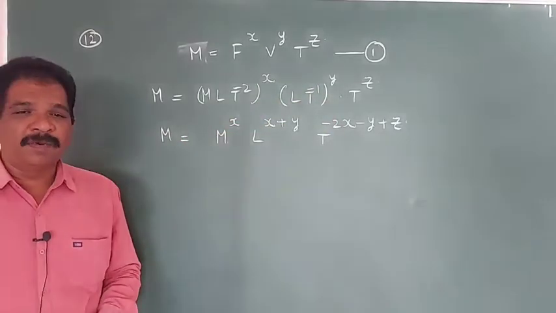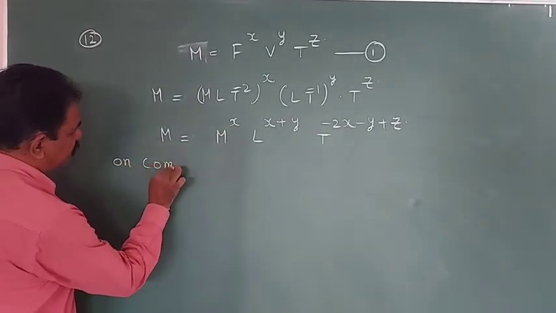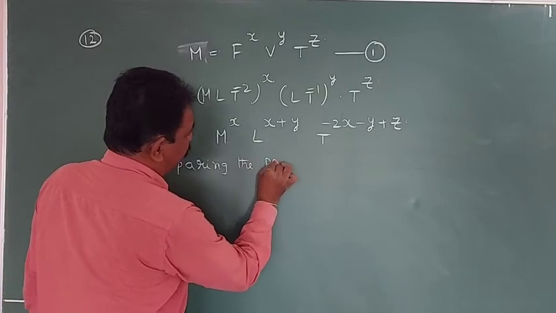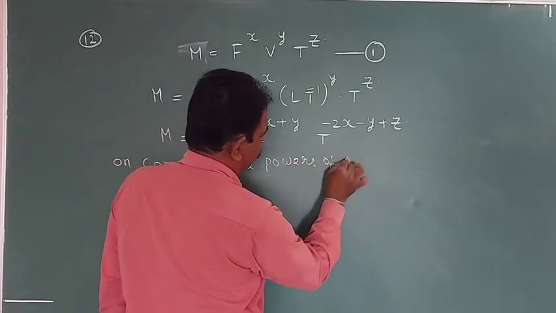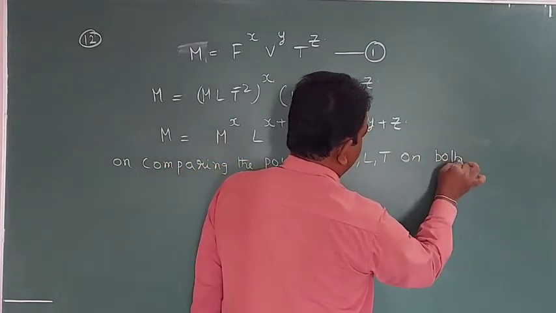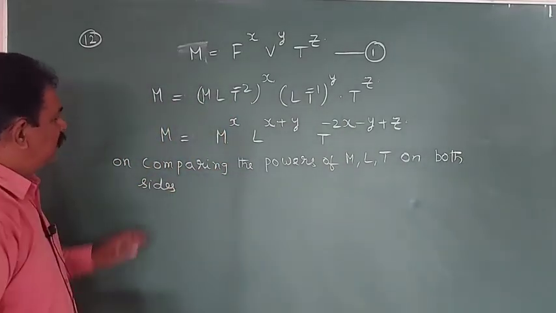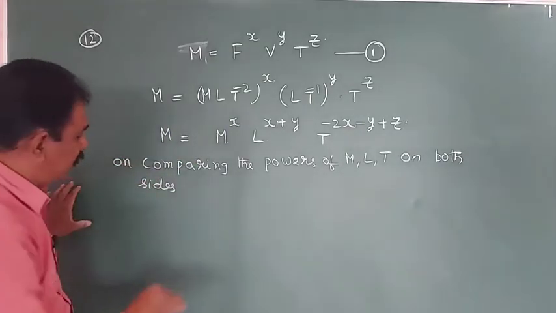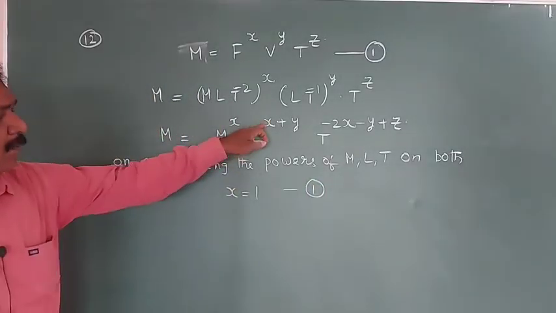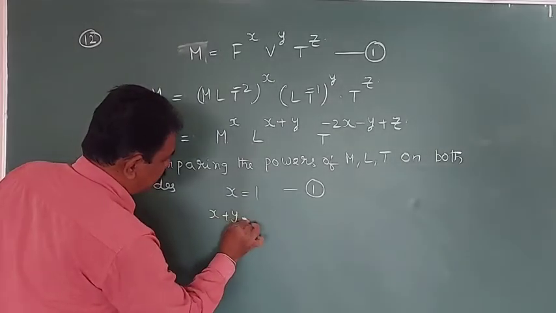Then comparing the powers of M L T on both sides. Here M power 1 is there, M power x is there, so x is equal to 1. L power x plus y is there, here no L is there, so x plus y is equal to 0.